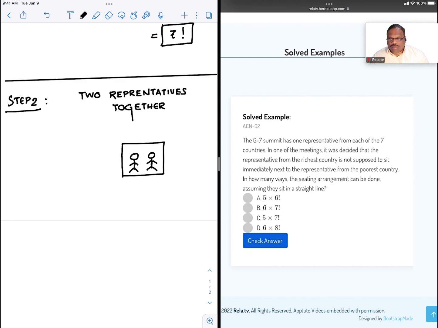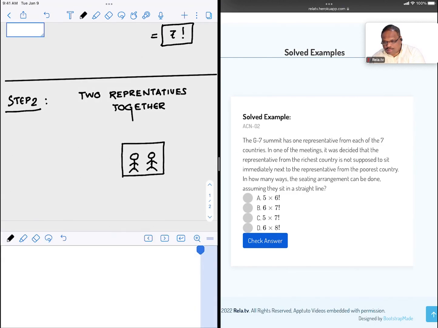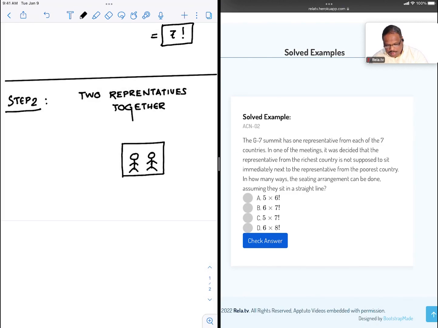So out of 7 people, we will treat them as a bundle, as a unit, and place them in a container. And the remaining 5 people, remember there are total 7 people, are free to arrange themselves.